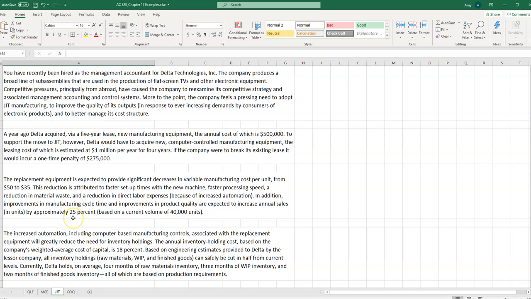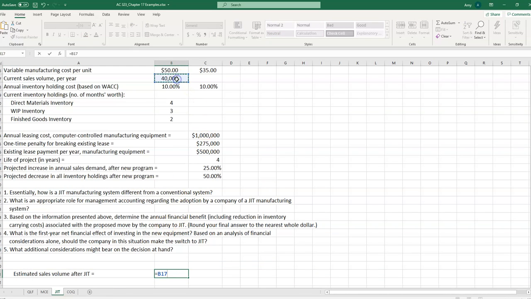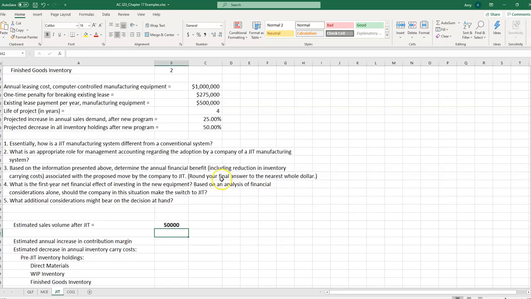So to project our sales out, 40,000 times 1.25. So our predicted sales in units after are 50,000.